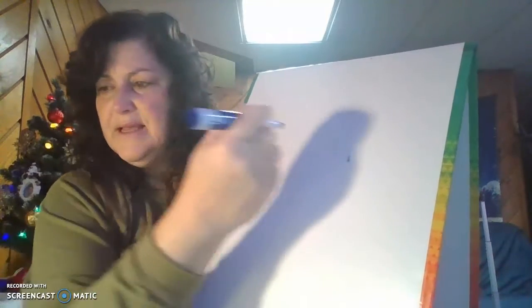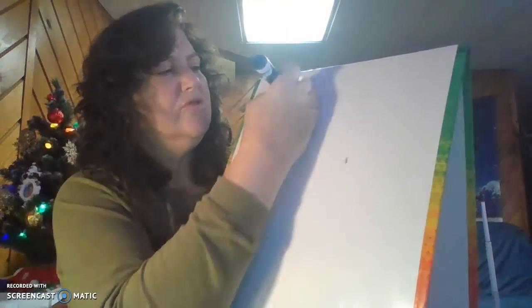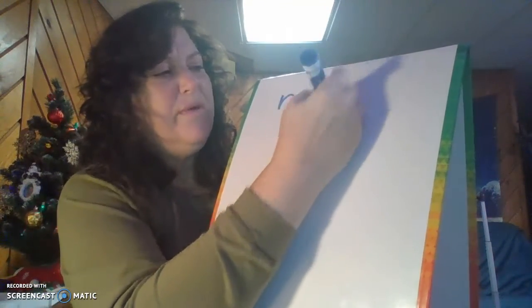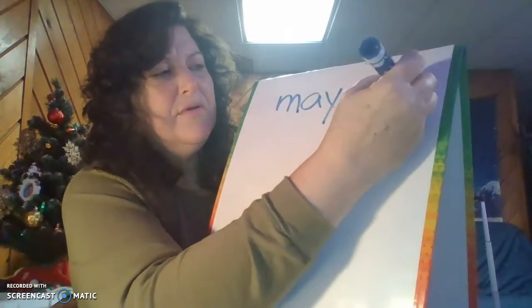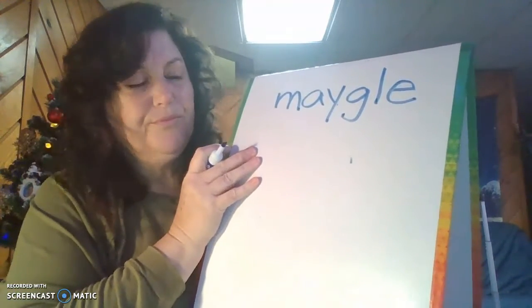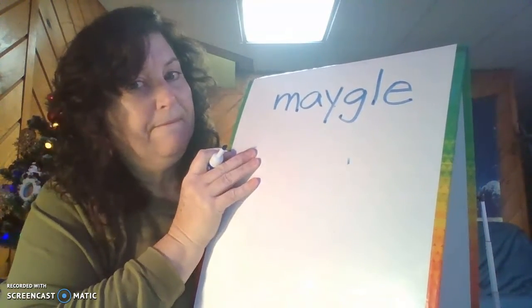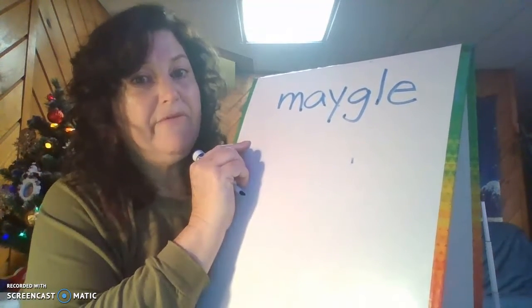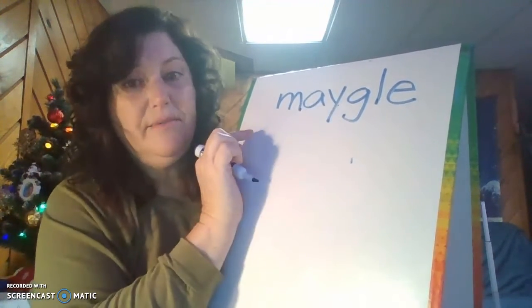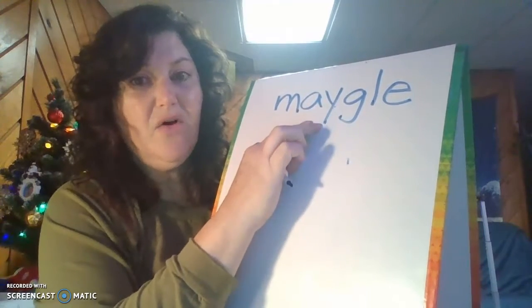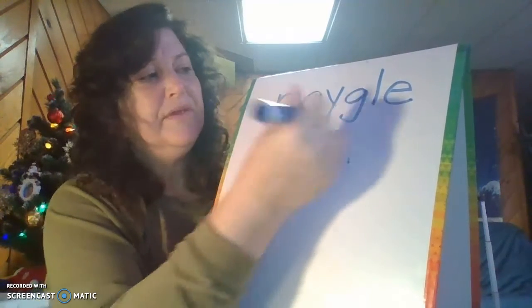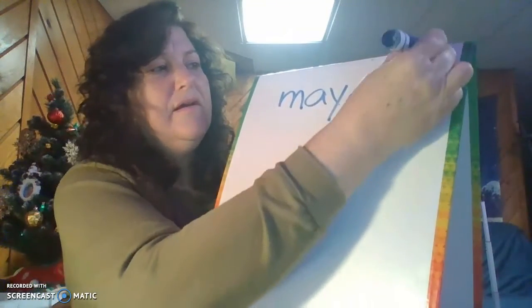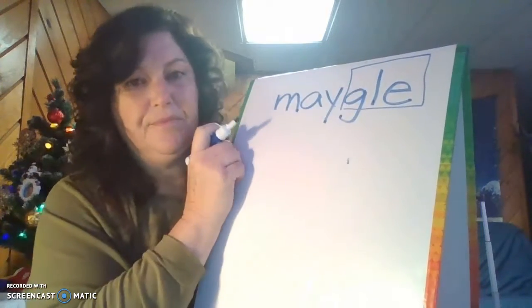Alrighty. Next one. This one's a little trickier, but hopefully you're remembering the rule. What do you notice? We have a vowel team, that AY. Okay, remember it wants to say long A. Consonant LE there.